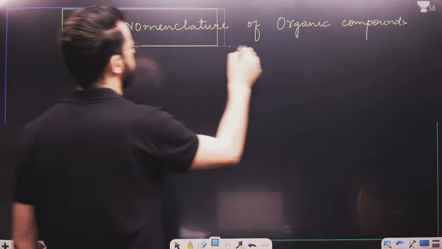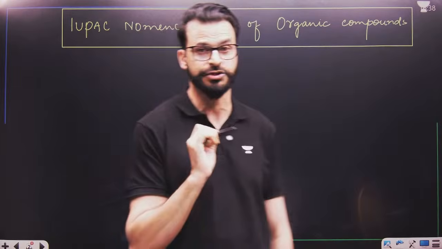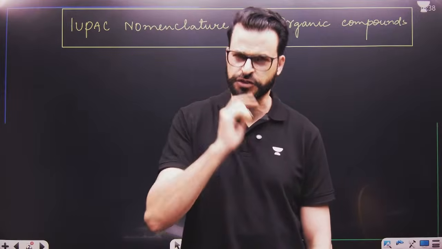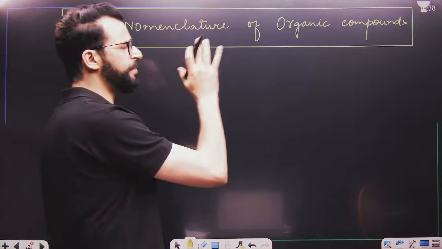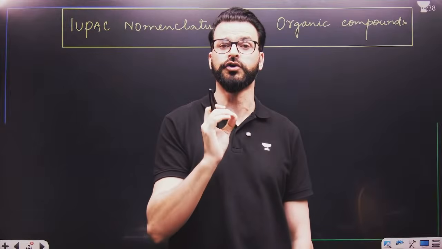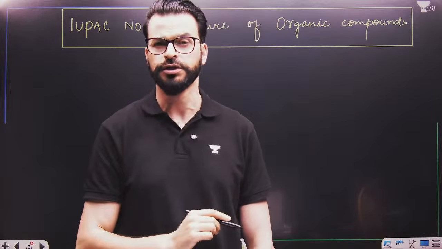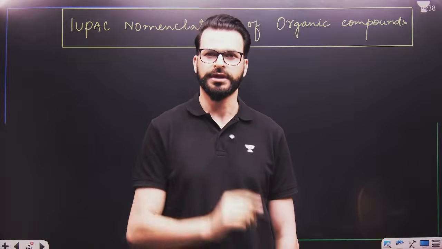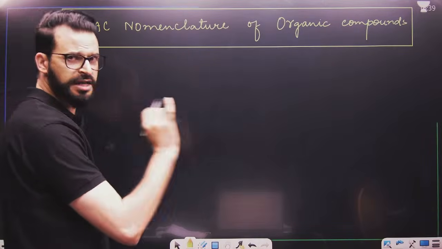Now have a look. Try to understand things properly. First of all, you should know, before IUPAC nomenclature, that means before naming organic compounds, that there are many functional groups.